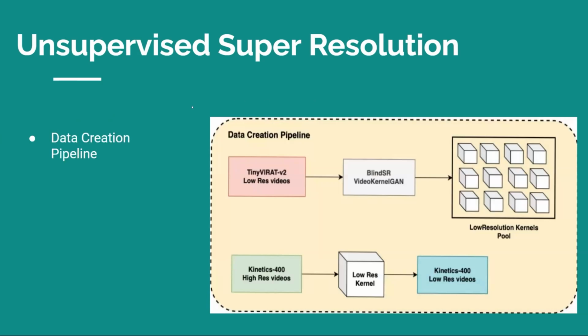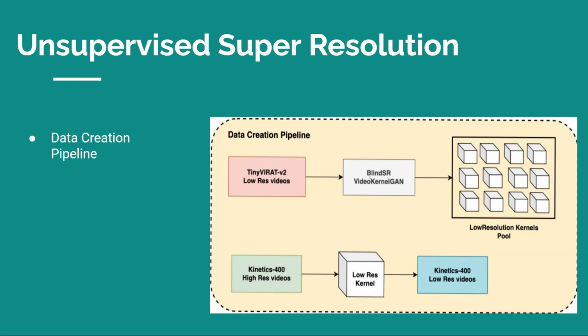The first part in the pipeline is a data creation pipeline, wherein we use a kernel GAN called blind SR kernel GAN, whose task is to estimate the noise component in the low resolution videos or the data. So what we do is we pass the Tiny VIRAT low resolution videos through the blind SR kernel GAN, and it estimates the noise component of the videos.